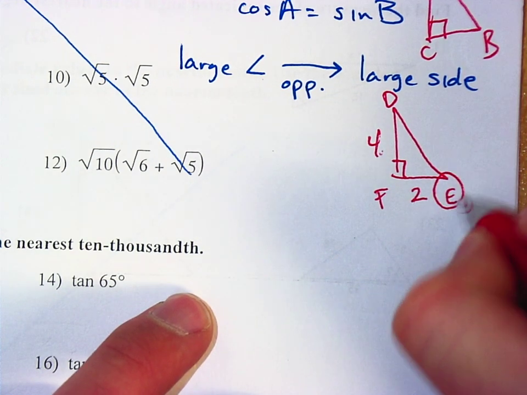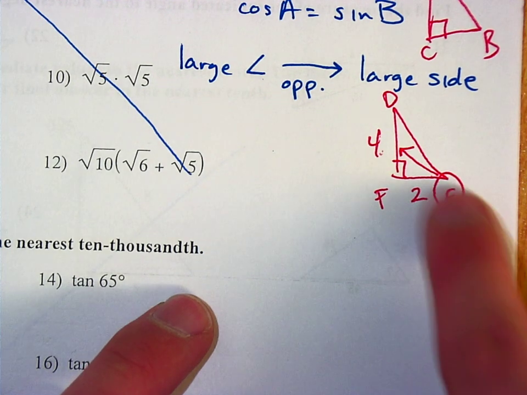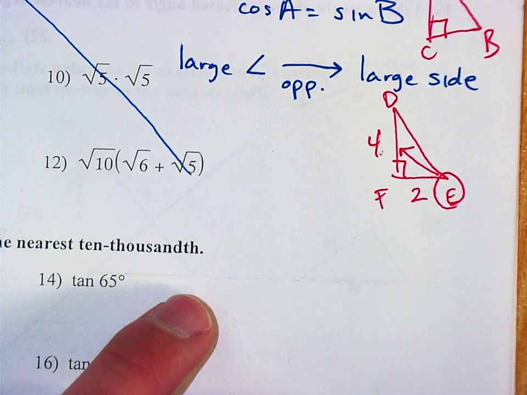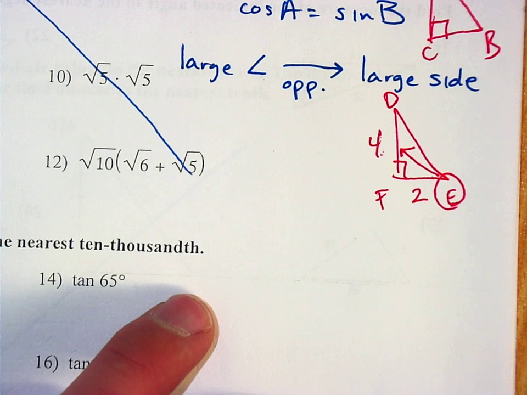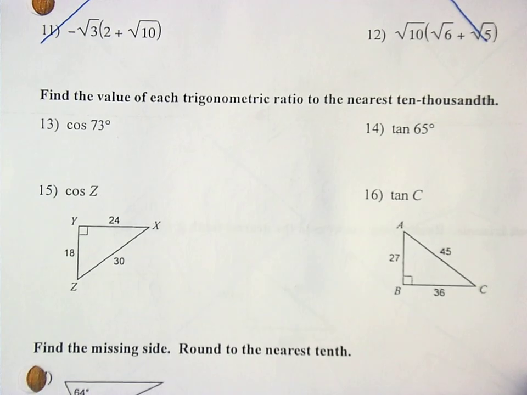So E is the larger acute angle, and that's because E is opposite 4. So if they asked us to solve for the large angle, we would be solving for E on this one. So let's look at a couple problems and start going on this worksheet.